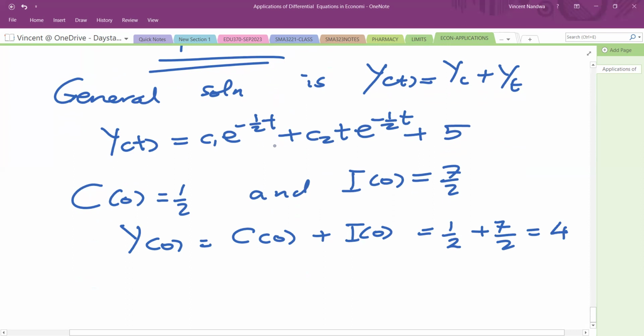Replacing those values in the solution, y at 0 equals 4 equals C1 times e to the power 0, which is 1, so the other part will be 0, then plus 5. So C1 is 4 minus 5, which is minus 1.